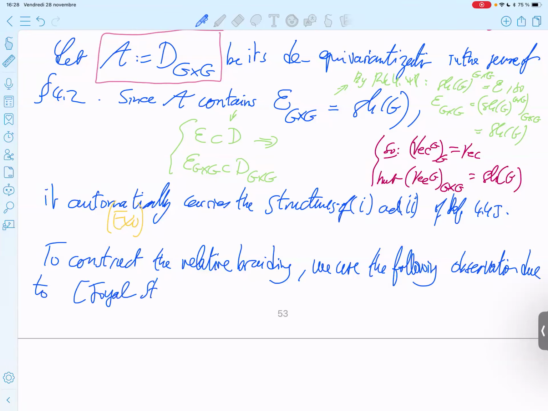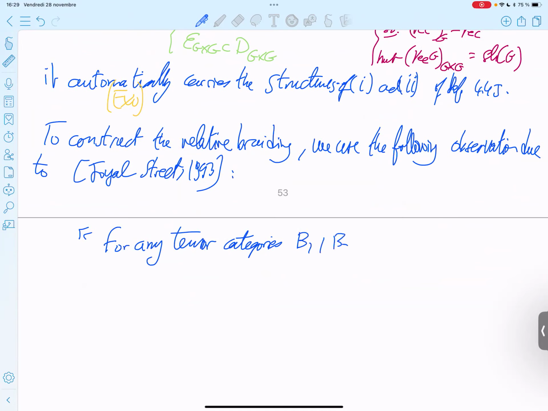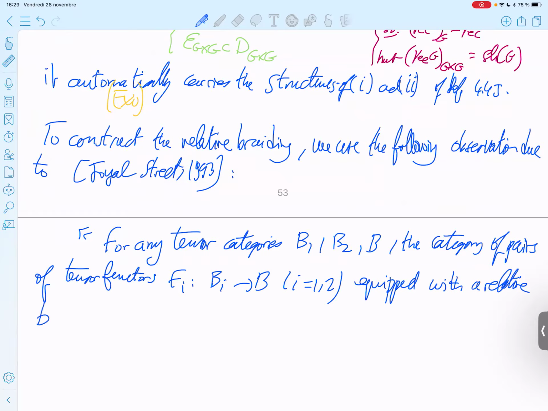So for any tensor categories B1, B2, and B, the category of pairs of tensor functors Fi from Bi to B, i equal 1, 2, equipped, as defined before, with a relative braiding between F1 and F2 is canonically equivalent.